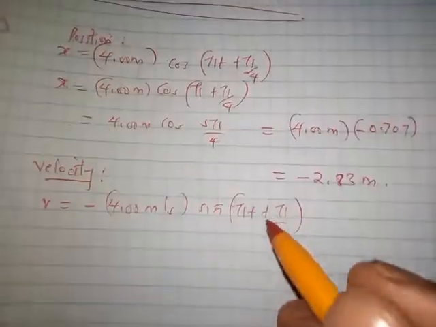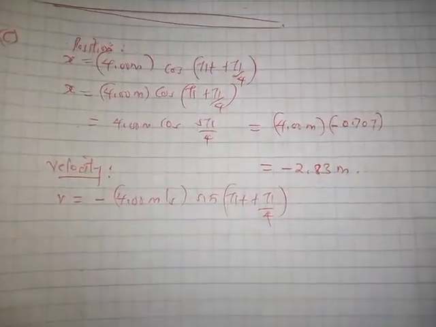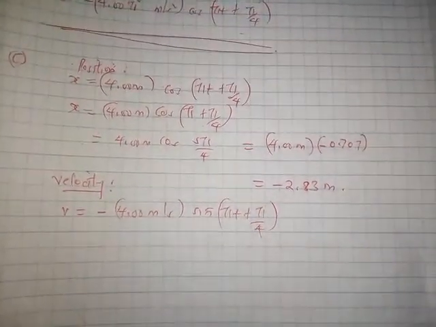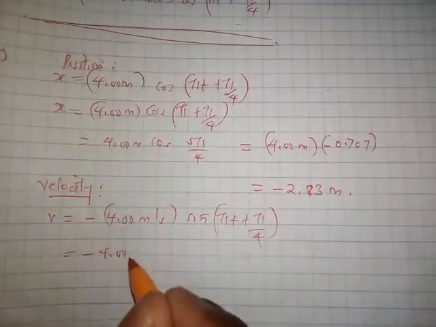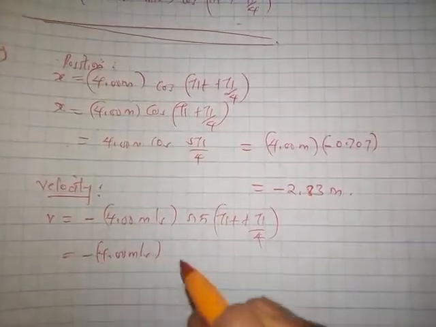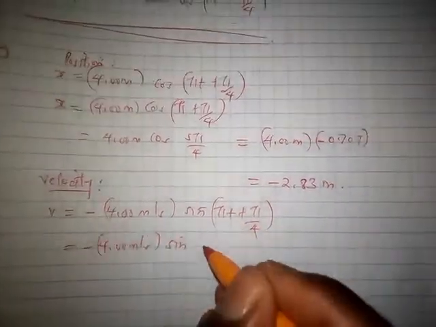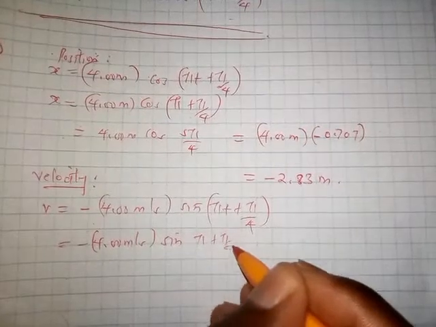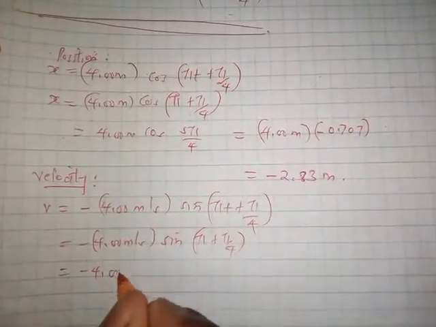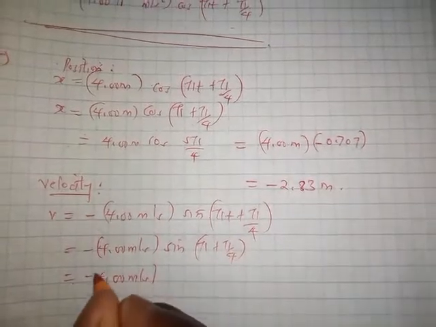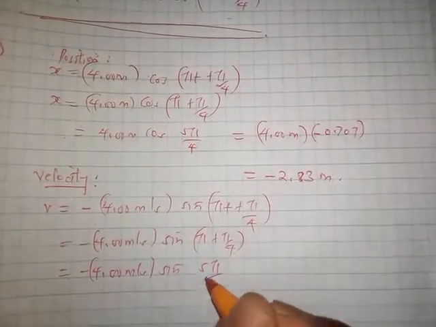We substitute t with 1, so that we have negative 4.00 meters per second sin, here it is 1 times pi is pi, plus pi over 4. We have negative 4.00 meters per second sin(5 pi over 4).